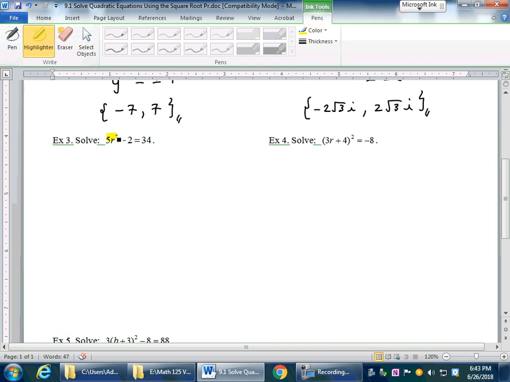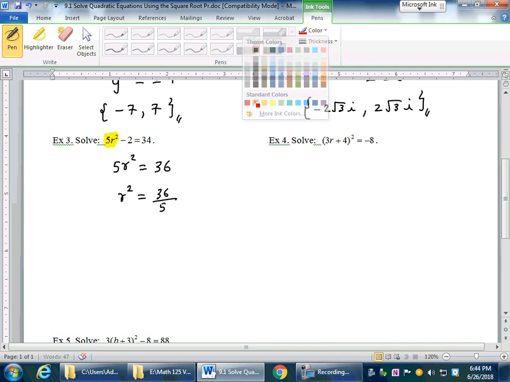As usual, if you cover up the square term by itself and don't have any more variable in any other terms on both sides of the equation, then the square root property is applicable. Isolating the square term by itself, we add 2 to both sides, which gives me 36. And then we divide both sides by 5, so 36 over 5.